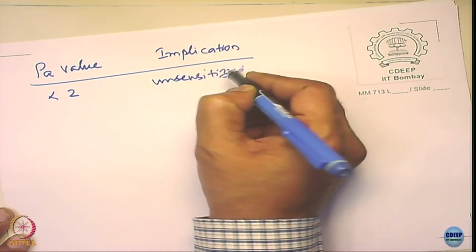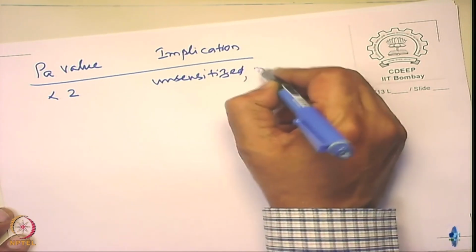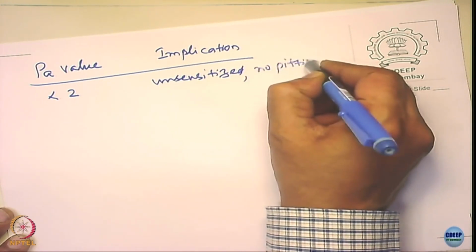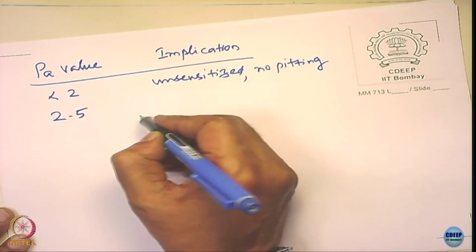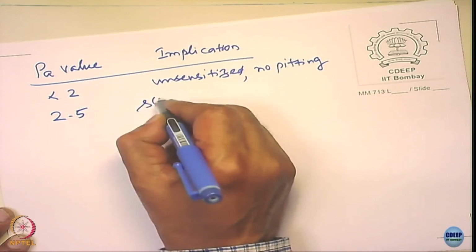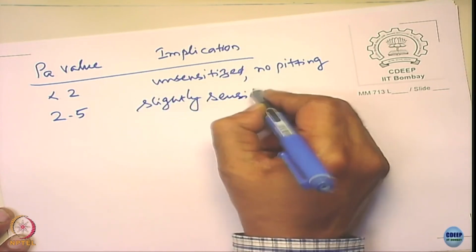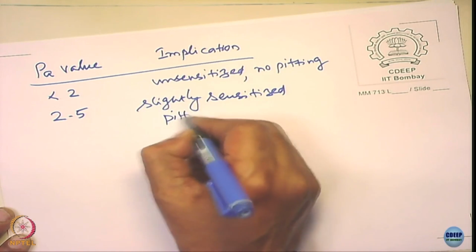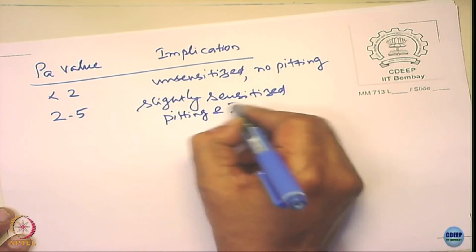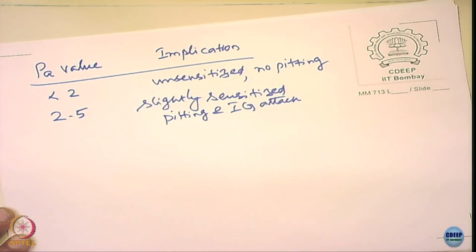Please notice these are all empirical, there are no fundamental principles in that. No pitting. 2 to 5, slightly sensitized, pitting and IGC attack, intergranular attack takes place.